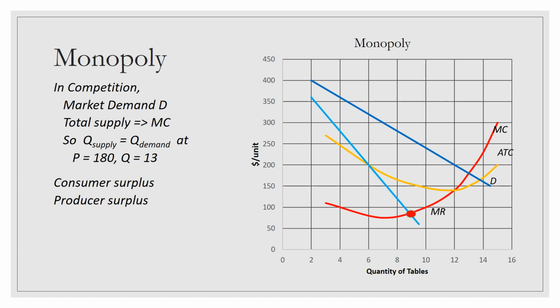So here we've got this marginal cost curve representing the market supply. Bring that together with the market demand. If this was a competitive market, then the quantity would be where the supply is equal to the quantity demanded. And that, in this case, is at a quantity of 13.